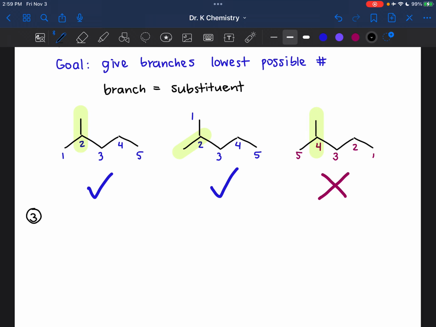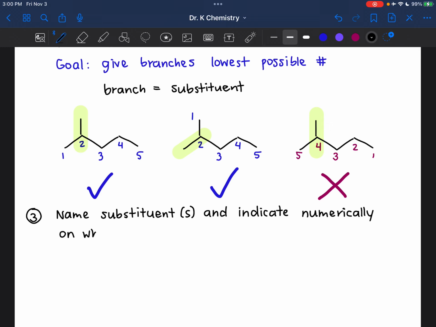The third thing I will do is name the substituents. In this case, we only have 1, but in most scenarios, you will have more than 1. And we do need to indicate where those substituents appear. So we're going to indicate numerically on which carbon they appear.